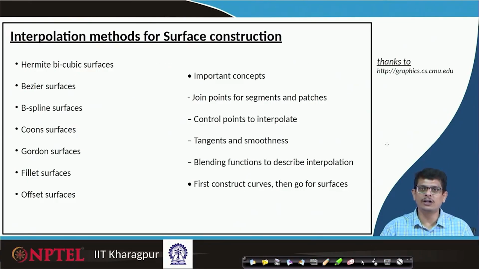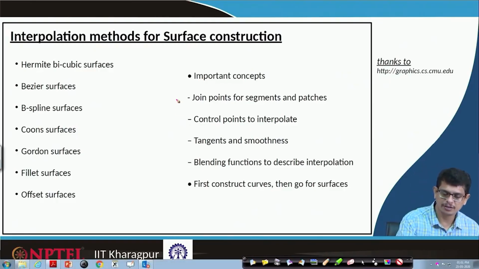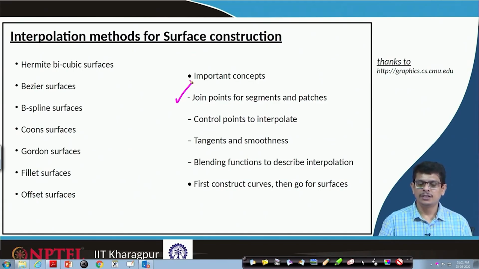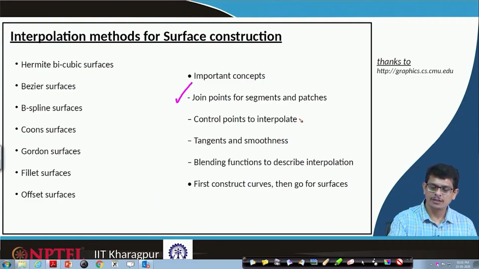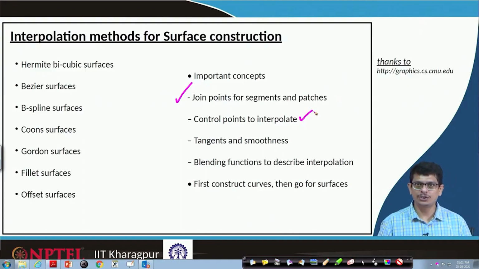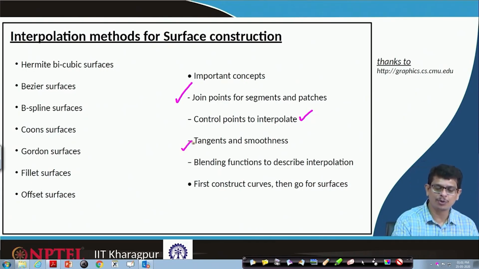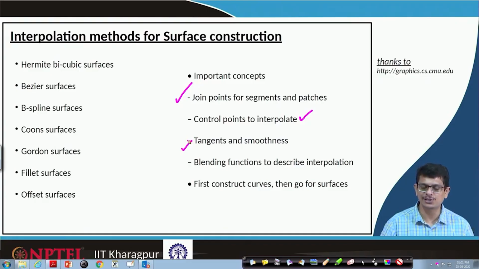So, some of the important concepts for surface construction are: join points for segments and patches, either you join from one point to another point or by patches. The minimum data points we have, we will use like control parameters to move things up and down, and we require something about tangents and their smoothness also.